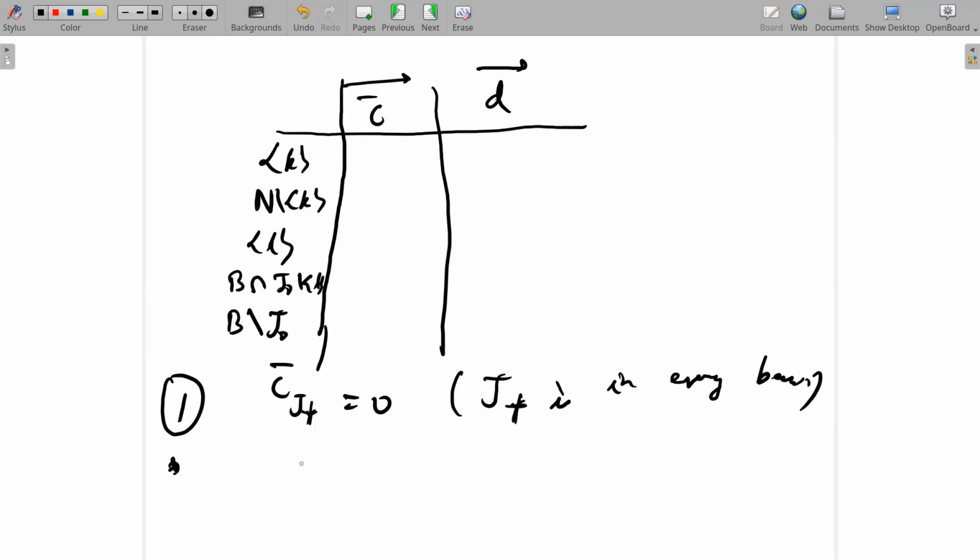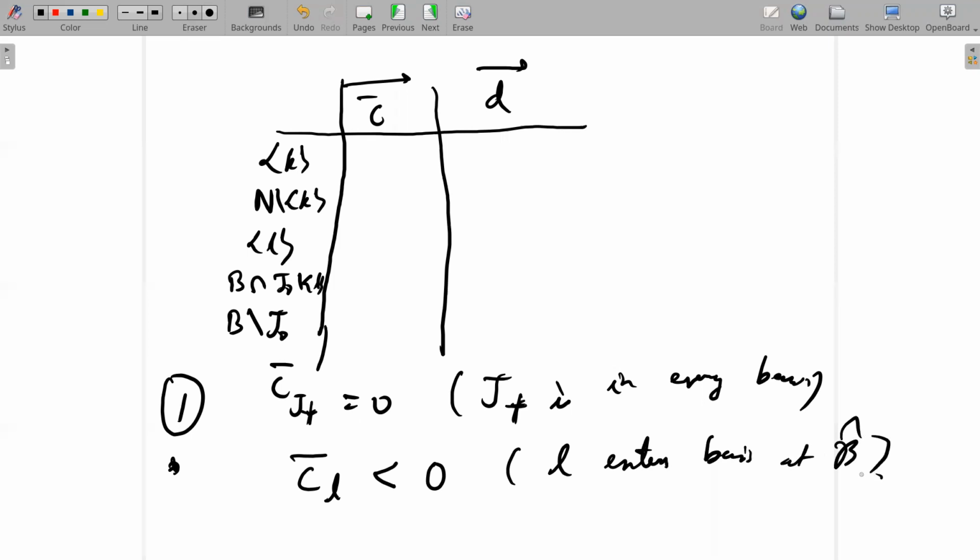Next, C bar of L is strictly less than 0. That's because L enters the basis at B hat, which is the way we are choosing B hat. So C bar of L at this stage is strictly less than 0.